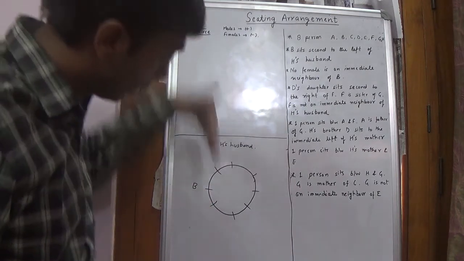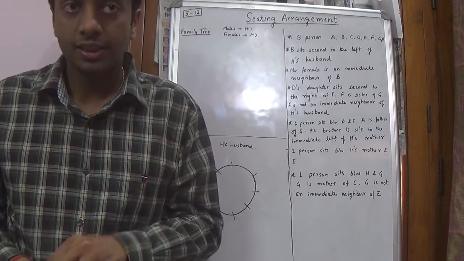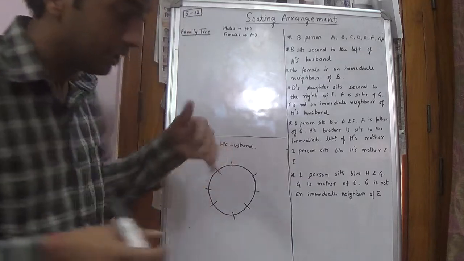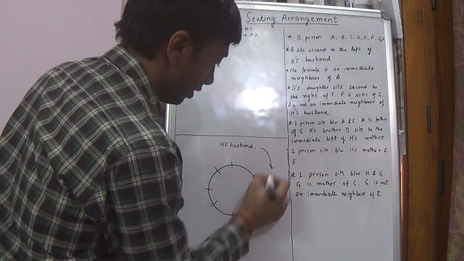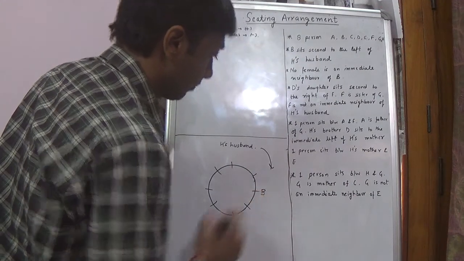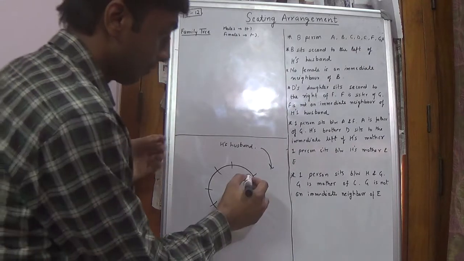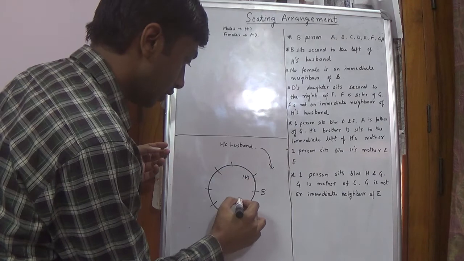So H's husband is facing towards the center and B sits second to the left, so he is sitting this way. So left would be this way and B is sitting here. Okay. No female is an immediate neighbor of B. So we would say positive sign here and a positive sign here.